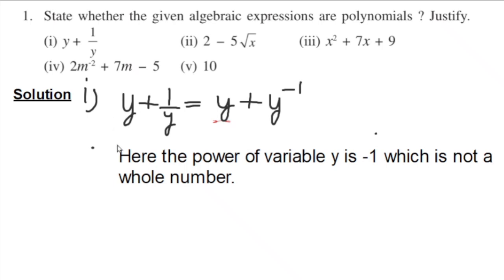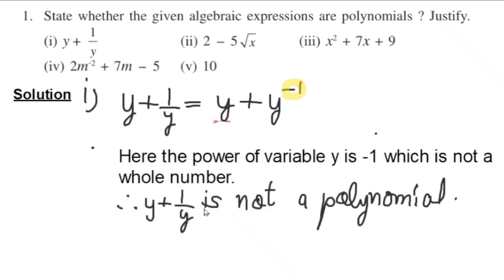Next step: here the power of variable y is -1, which is not a whole number. It is a negative integer. So this algebraic expression, that is the first one, y plus 1 by y, is not a polynomial. So the last step: therefore y plus 1 by y is not a polynomial.